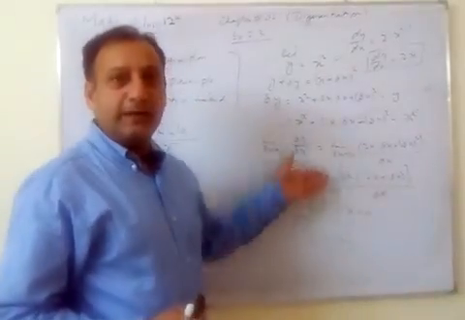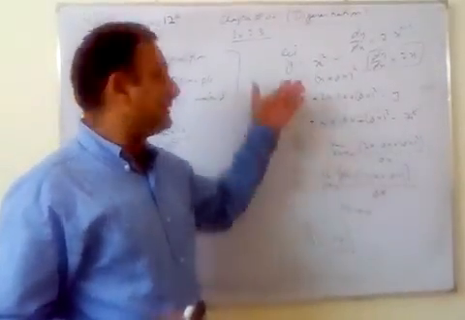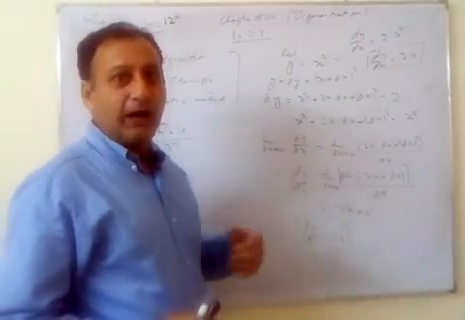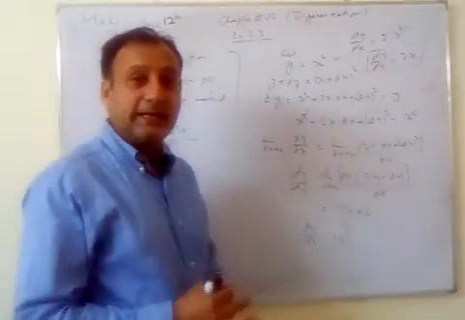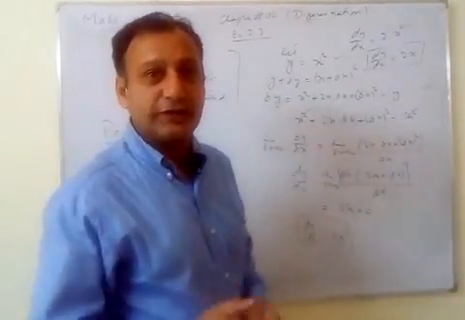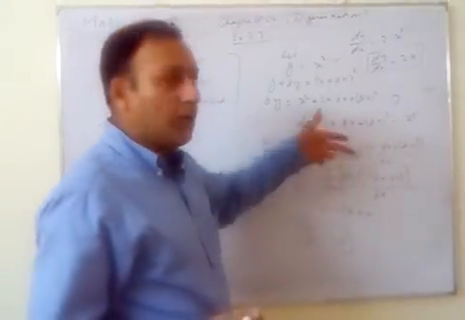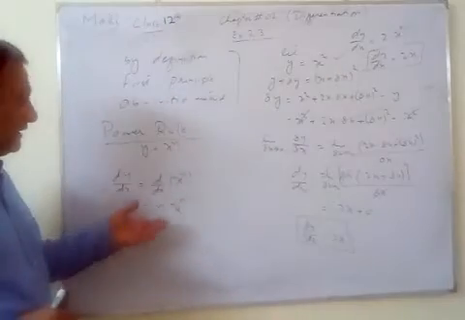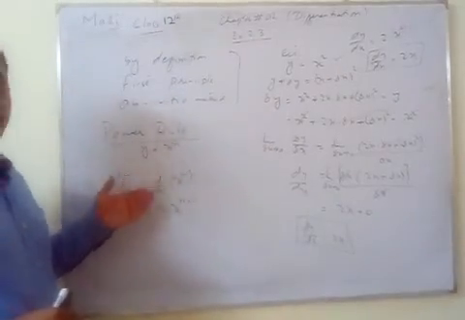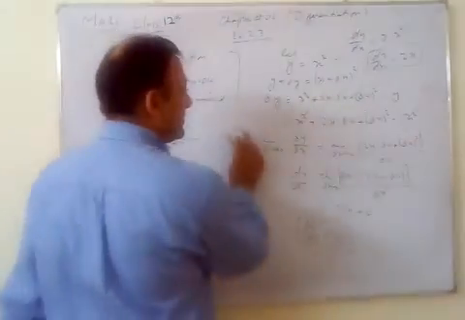This is the basic definition of derivative. How does it come? Because derivative basically is a rate of change. So it tells us how it comes. But to simplify the question, we have power rule. So we use this power rule in all these questions.